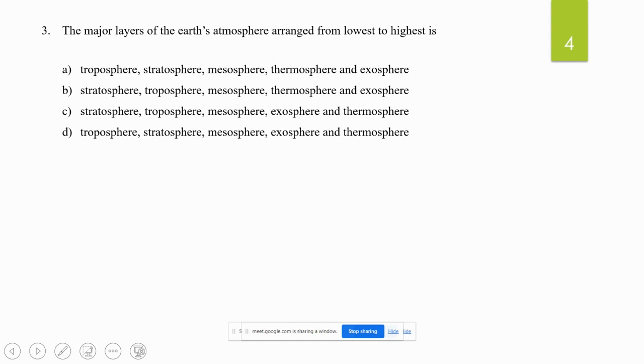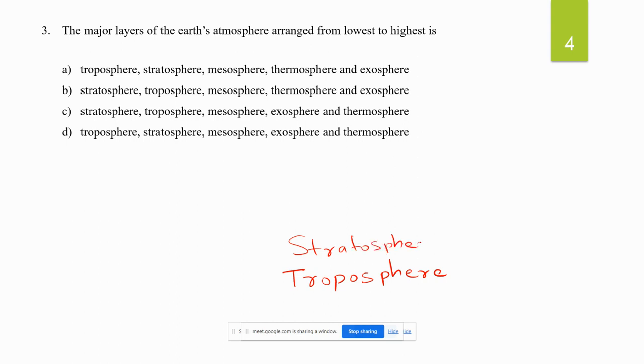Then the third is the major layers of Earth's atmosphere arranged from lower to higher. The first layer from Earth is the troposphere. Then there is the stratosphere, then the mesosphere, then the thermosphere, and then the exosphere.